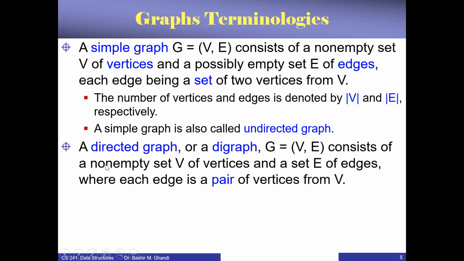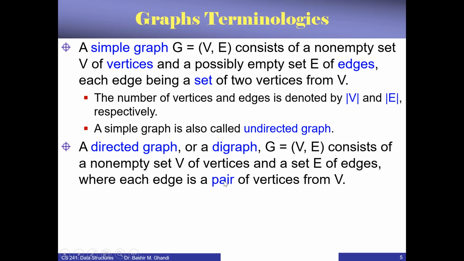Notice that the set of vertices must not be empty, even though the set of edges can be empty. So it consists of a non-empty set V of vertices and a set E of edges, where each edge is a pair of vertices from V. So the edge is a pair of vertices that the edge is connecting.